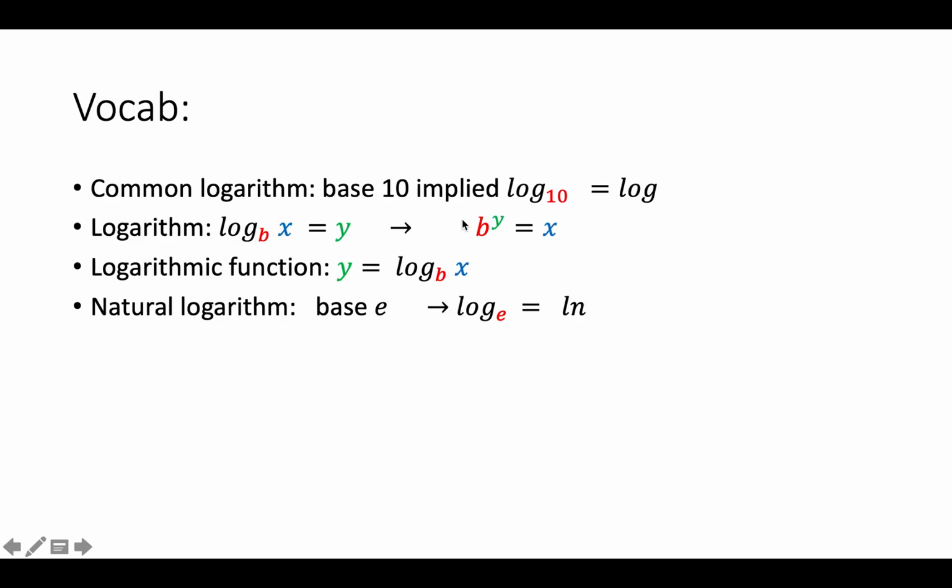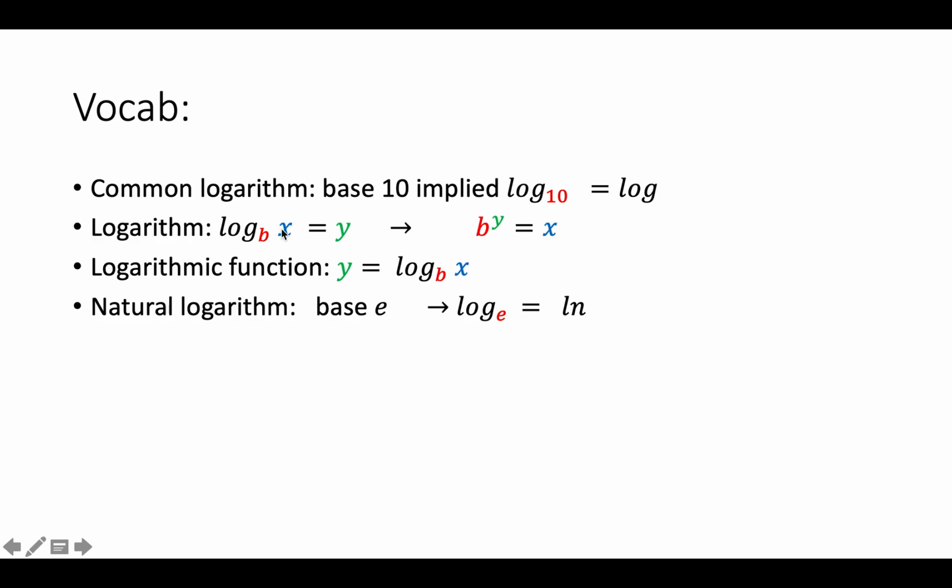So base, base, base, base. And the exponent, see what happens when you rewrite into logarithm form. The exponent is on the right-hand side, on the other side of the equal sign. And the output from the exponential function becomes the input to the logarithm function.